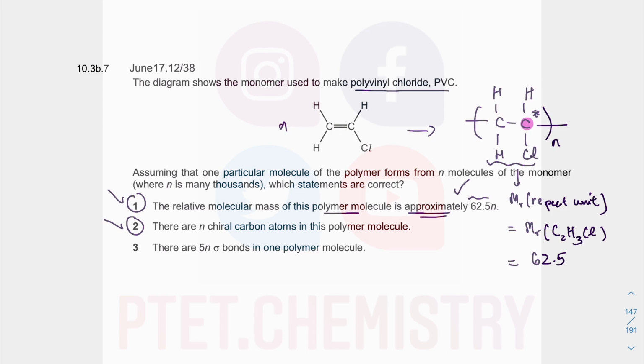You lost 1 pi bond, so you form 2 additional sigma bonds. 5 plus 2 becomes 7, so it's actually 7n sigma bonds. So 3 is incorrect. We get option B as the correct answer.